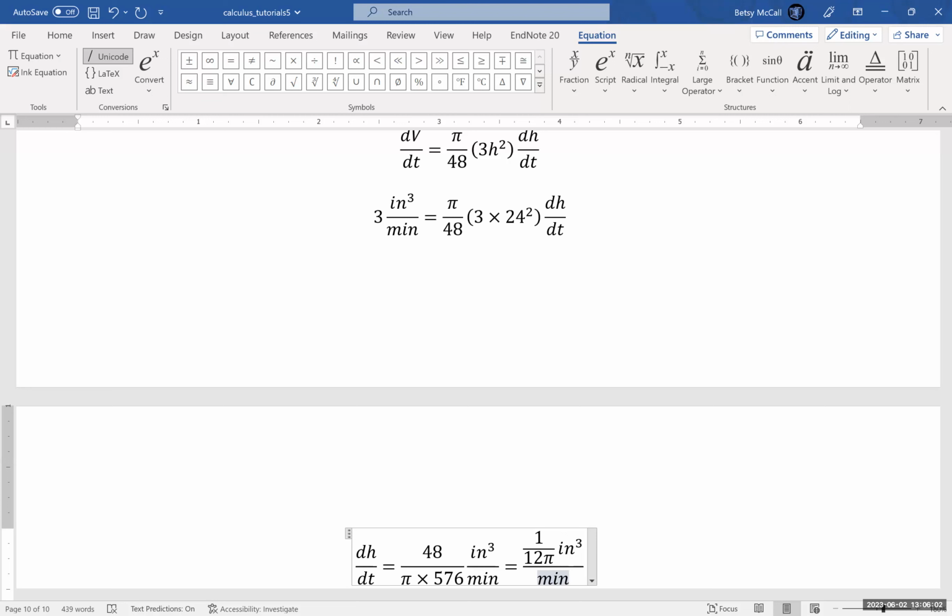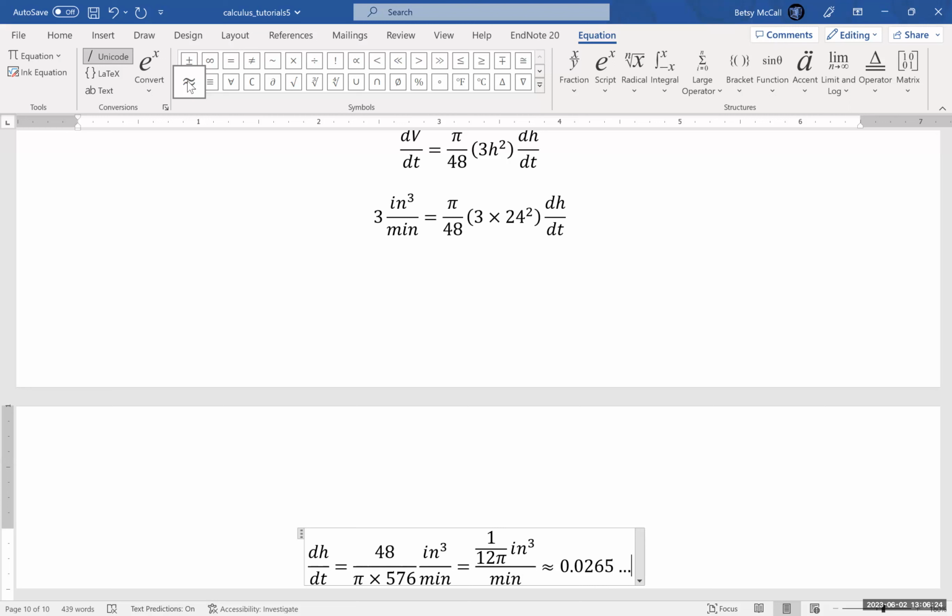Which is very slow. 1 divided by 12 times pi is about 0.0265, roughly.